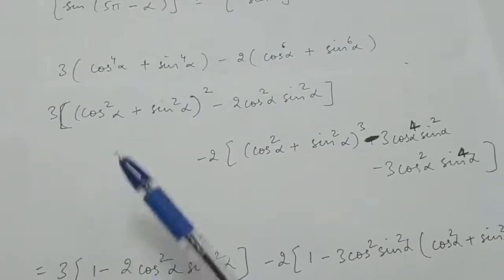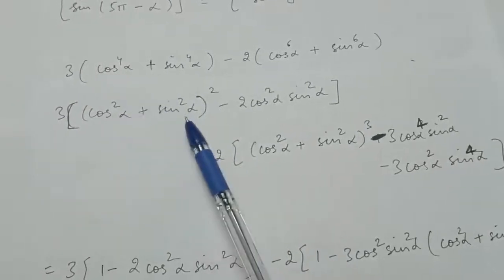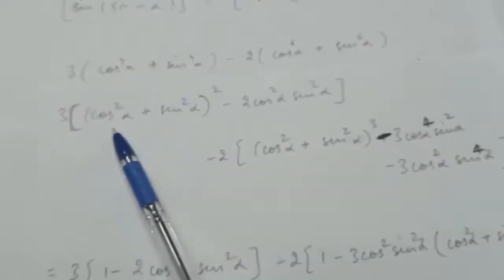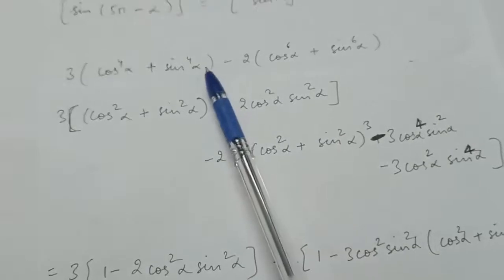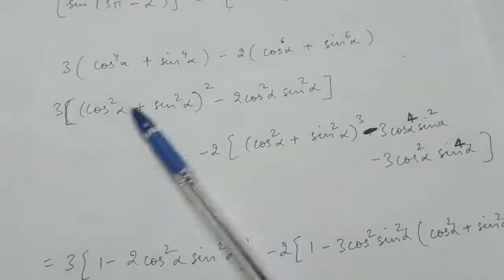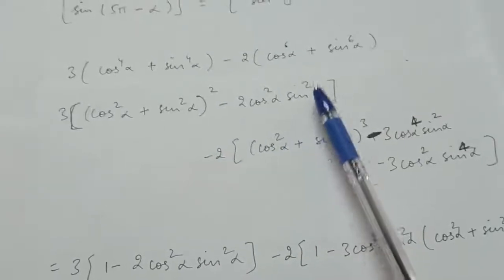Why? Solve this. You will get cos alpha raised to the power 4 plus sin alpha raised to the power 4 plus 2 into sin square alpha into cos square alpha, which does not exist here. Therefore subtract this term with minus 2 cos square alpha into sin square alpha, right?